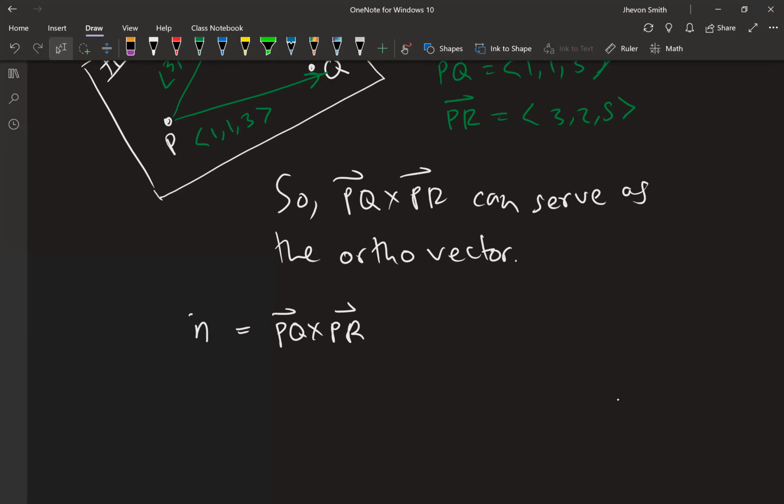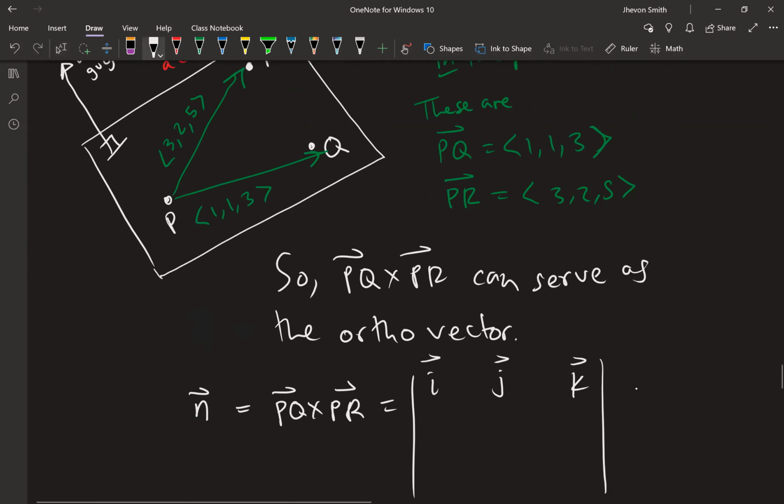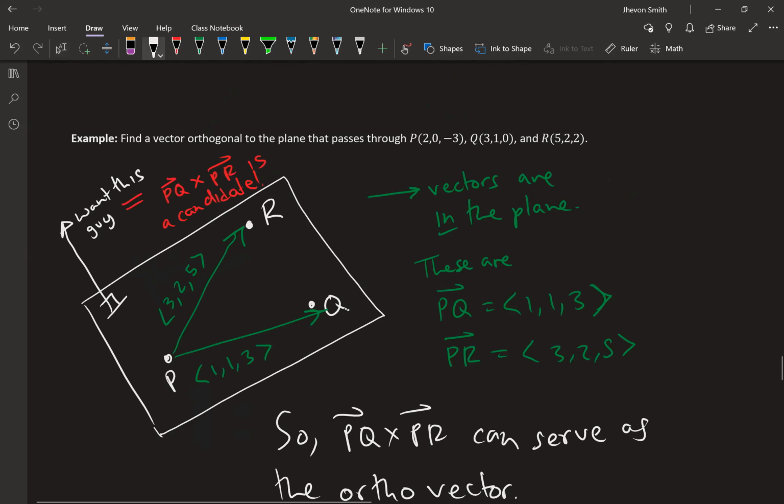Let's call this N for normal vector. That's just going to be IJK. And then I'm going to put PQ across the first row, PR across the second. And it really doesn't even matter what order you did these vectors in, or if you put these rows in the opposite order, because the worst case scenario, you can get the negative of the answer.